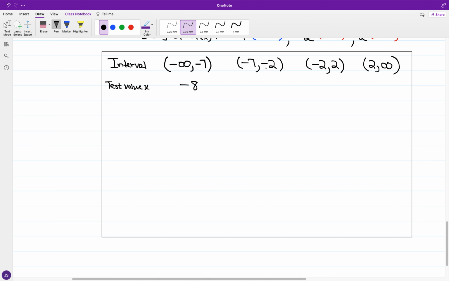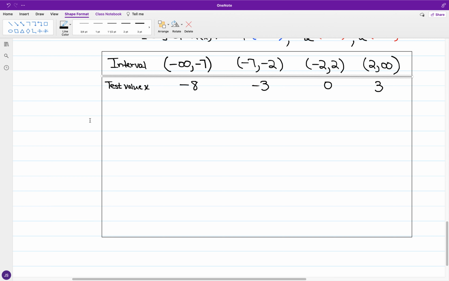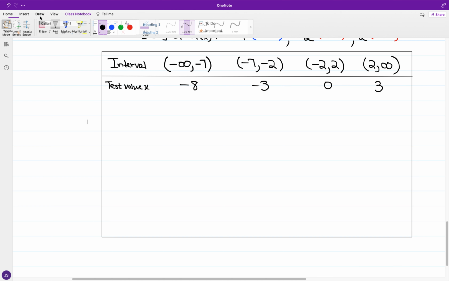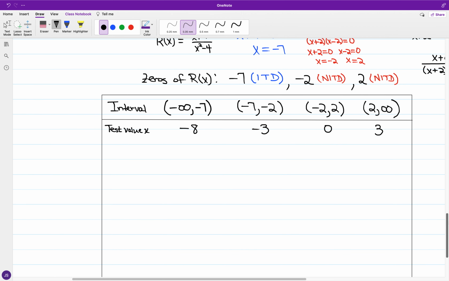Say between -7 and -2, we'll just go with -3 on this one. Between -2 and 2, yeah, 0 will fit. Anything greater than 2, we can just go with the number 3. All right. And looking at working with r of x, again, r of x, we have x plus 7 over x squared minus 4.